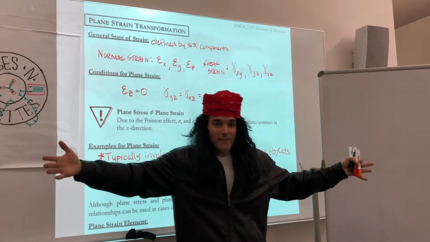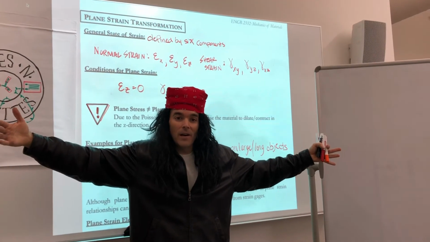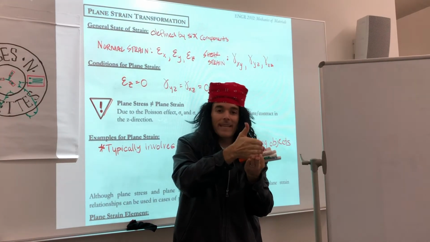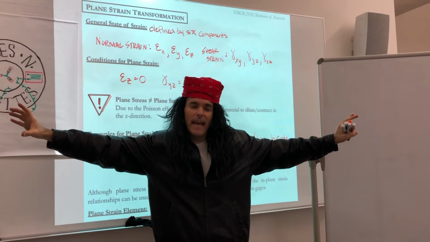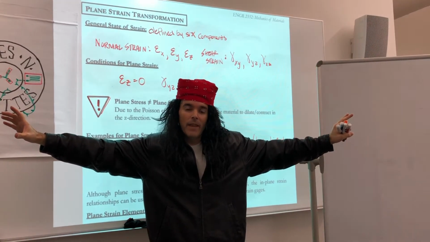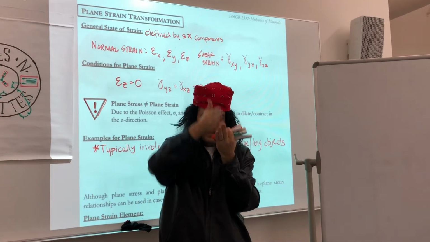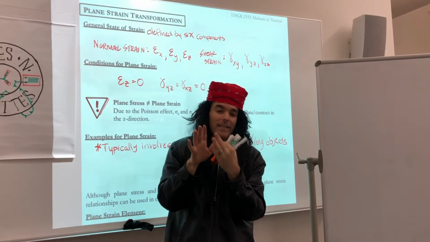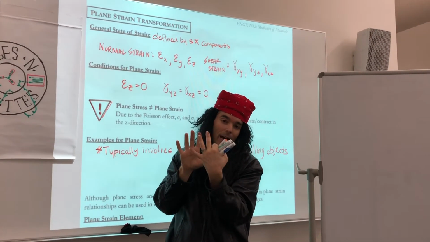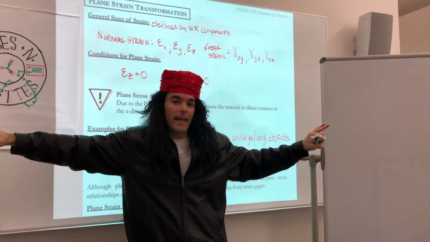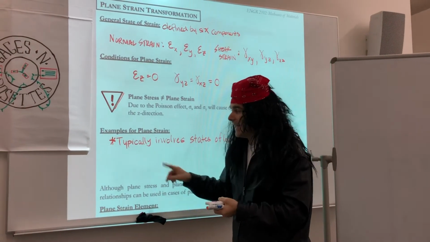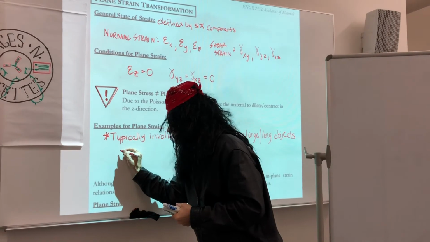It's miles and miles and miles long. When the train is at one spot pushing down, the rail is really not extending in the z direction. And so therefore it would only be compressing in the y direction and then maybe extending outwards, bulging a little bit, but it really wouldn't be extending along the length of the railroad. So that's one example of plane strain.